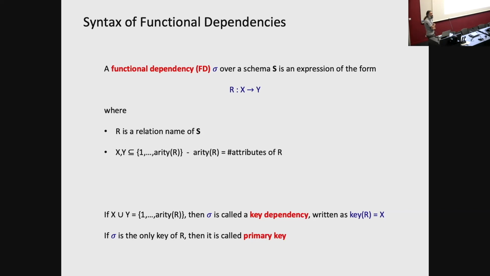You can always define several functional dependencies, as keys can be more than one, but if you just have one, then it's a primary key. The usual term of keys refers to sets of attributes.